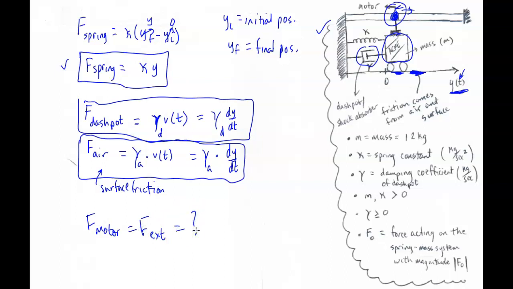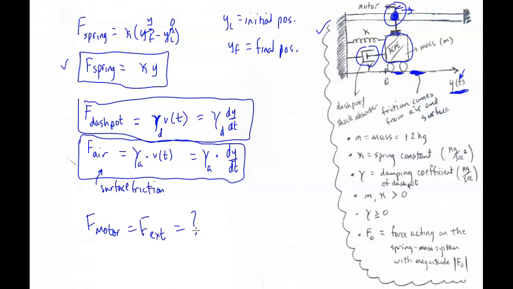If the motor's not on and it's not applying a force in the system, then it'll be 0. If we have the car and we're driving it over a pothole, with that short burst impulse type force, then it could be a constant value, let's say 5, for a very short period of time.